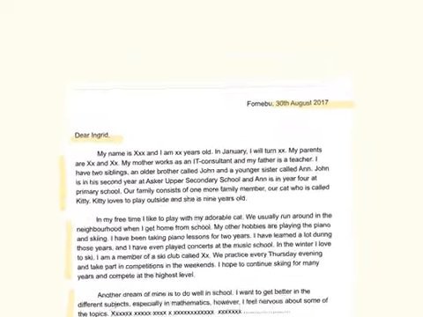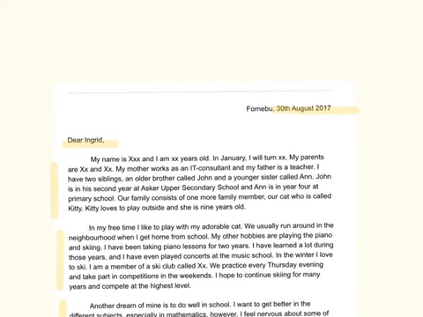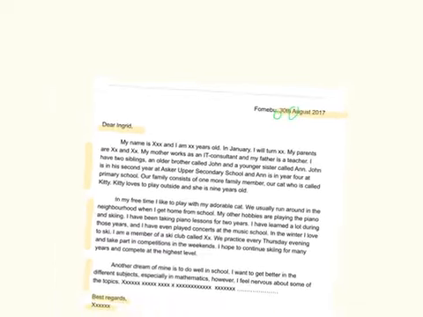As you can see here in the top right corner, I have used a comma after the place, before the date, and a capital letter in the month, because that's the way you write the different months in English. So, as you can see, I have put the place and the date in the top right corner.